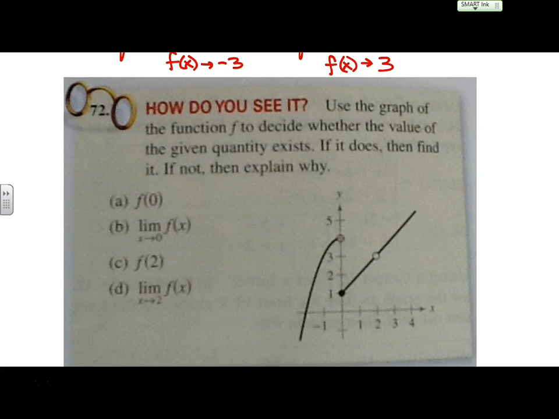Who can raise a hand and give me an answer for what would be the value of f of 0? One. Function value at x equals 0. Sean? Yes. 1. Okay. Who can give me the limit as x approaches 0 of f of x?